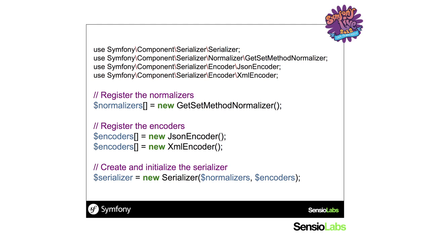So this normalizer will call the getter and setter methods on your PHP object when normalizing it to a PHP array or when denormalizing the PHP array to your object. You have to register some encoders, so depending on which format you want to serialize to, you can use the JSON encoder or the XML encoder, which are both built into the component. And then you just have to instantiate the serializer class, and the constructor takes the list of normalizers and the list of encoder objects.